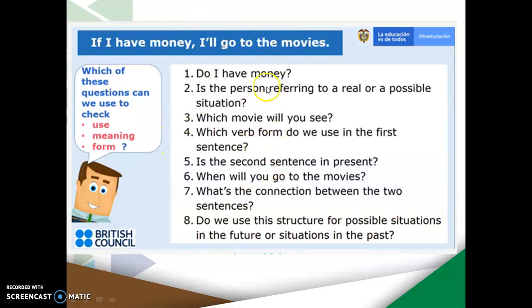As you can see, each one of them is related to different aspects of the language that we make them aware of when learning grammar. For example, is the person referring to a real or a possible situation? It has to do with meaning, yes? What is the meaning of the sentence? So each one of them is related to one of the three main aspects that we use in the noticing approach.